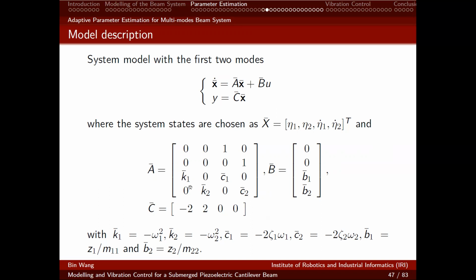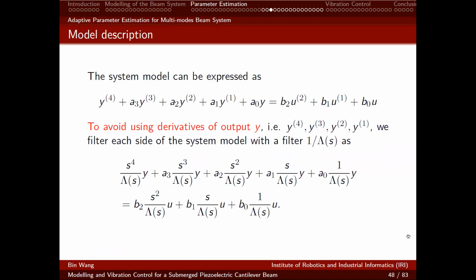We can see K1 bar, K2 bar, C1 bar, C2 bar, and B1 bar, B2 bar as parameters that need to be estimated because they are related to the frequencies and dampings. We can express the system model as in the following ODE equation.